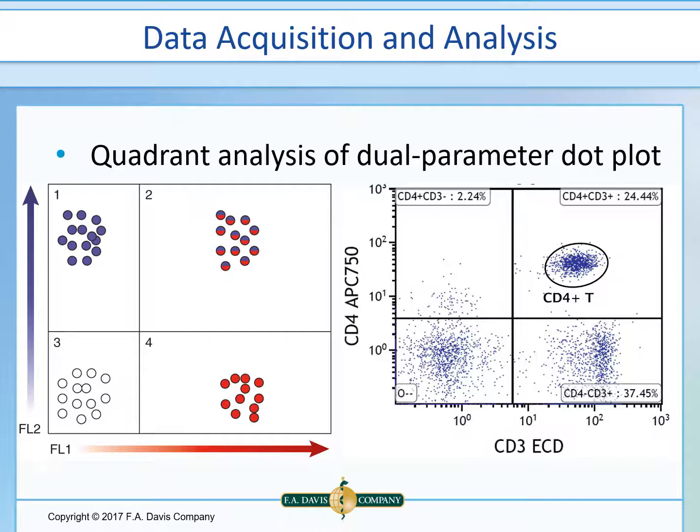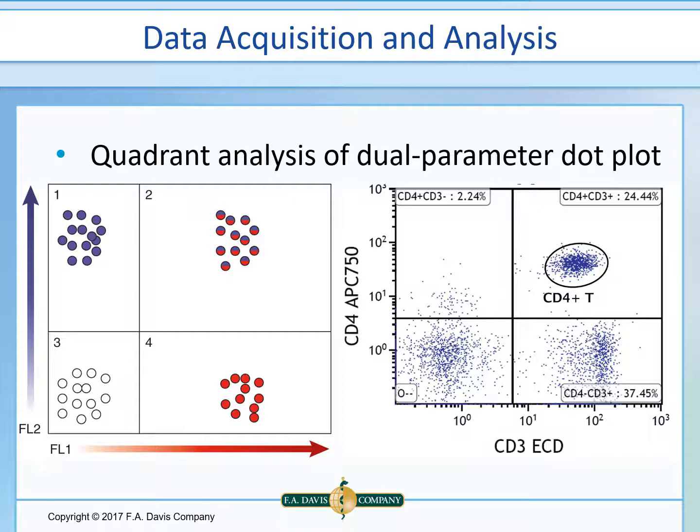Quadrant 2 consists of cells that are positive for fluorescence on both x and y axes. Quadrant 3 consists of cells that are negative for fluorescence on both the x and y axes, and quadrant 4 consists of cells that are positive for fluorescence on the x and negative for fluorescence on the y-axis. The computer then calculates the percentage of cells in each quadrant based on the total number of events counted.